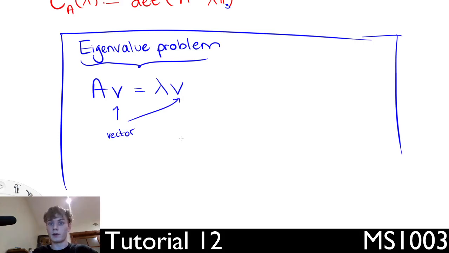The two v's here are the same vector, and lambda is just a scalar, i.e. just a real number. Lambda is not a matrix, and A is a matrix.